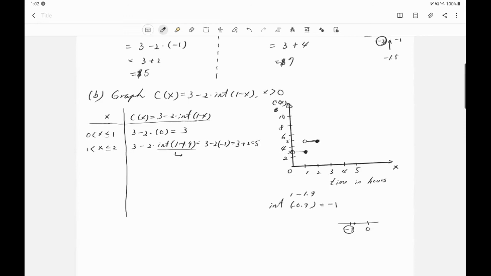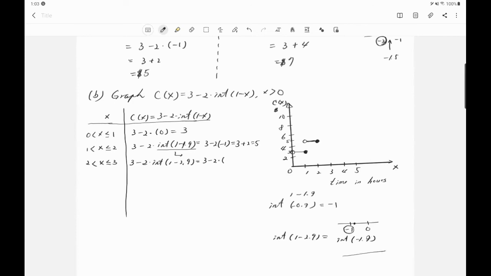So as we keep doing this, let's do one more time. If x is between 2 and 3, then C of x will be 3 minus 2 times the integer of 1 minus, let's use 2.9. Then this is the integer of negative 1.9, right?